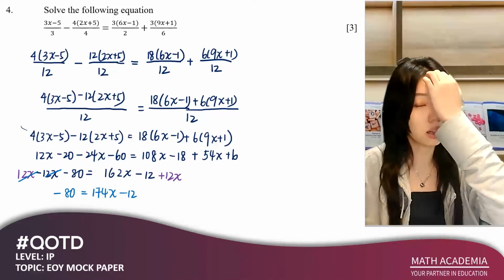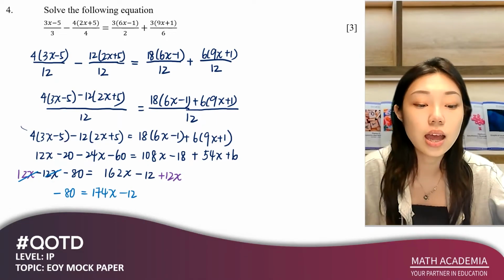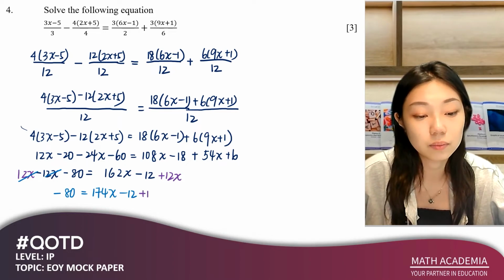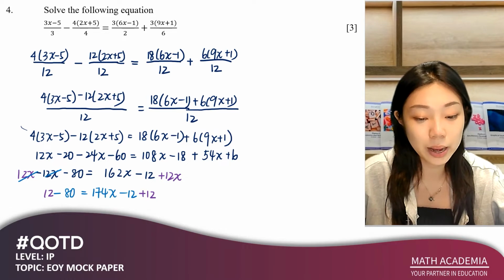To isolate all of my numericals to one side, I would add 12 to my right hand side. When I add 12 to my right hand side, I need to add 12 on my left hand side. Negative 12 plus 12 on my right hand side cancels out.